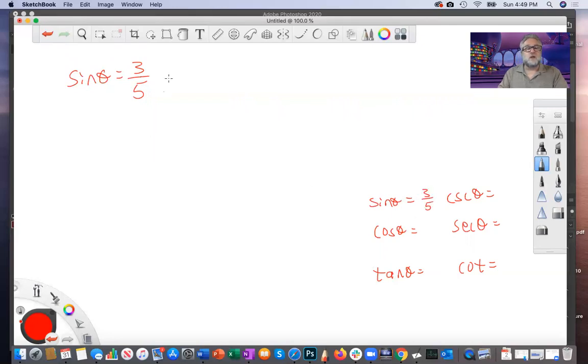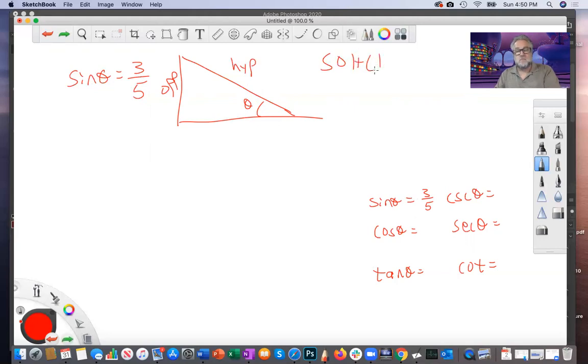So first thing I'm going to do is draw a picture. Here's theta, and sine theta is opposite over hypotenuse, because I wrote SOHCAHTOA right here. So this has to be 3, and this has to be 5.